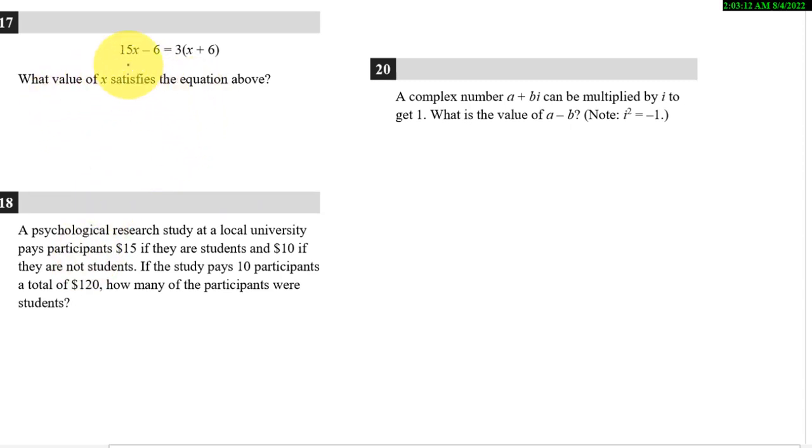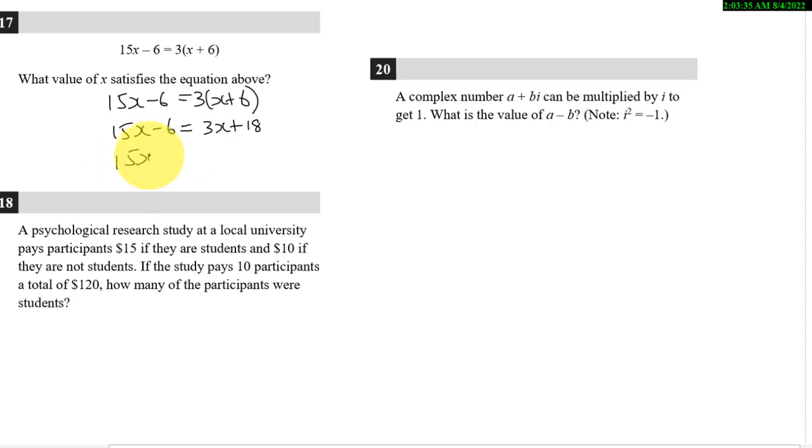This is an algebraic expression, so we'll have 15x minus 6 is equal to 3 into x plus 6. So we will have 15x minus 6 is equal to 3x plus 18. We collect like terms, or we isolate variables.